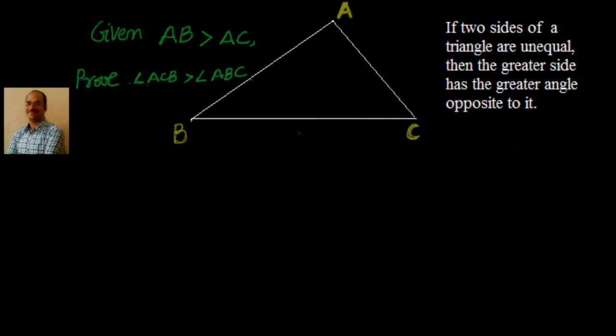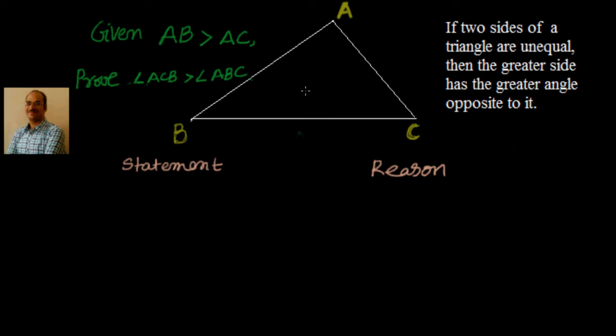Now let me start with statement and reason. Statement here, reason here. Now to start, I am stuck here because I don't know what I can do if I know AB greater than AC, because I know about isosceles triangles.